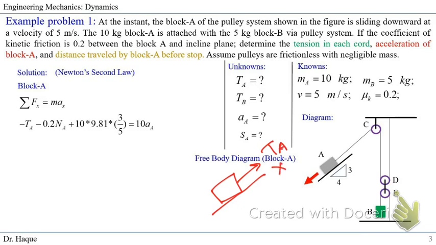So this is our x-axis that we just saw. So we'll have this in a negative direction because we're assuming this is a positive direction where the block A is moving downward. So if this is positive, TA is negative.